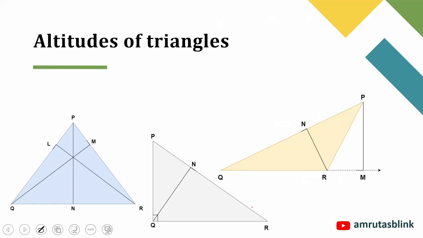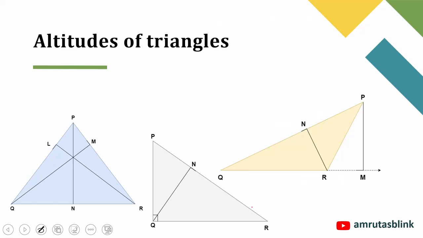Now in case of right angle triangle PQR, QN is perpendicular to PR. So QN is an altitude. But if I try to draw an altitude from vertex P to QR, then it will be the same as side PQ. So although PQ is a side of the triangle, it is also an altitude.